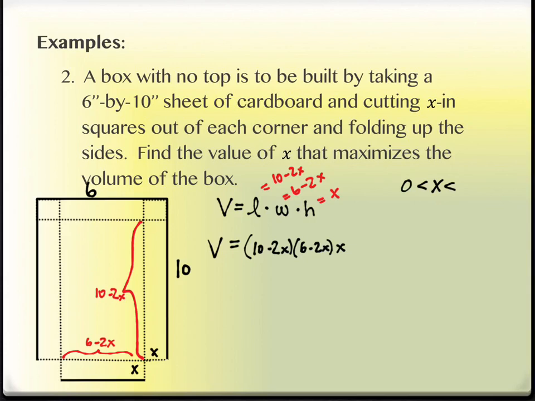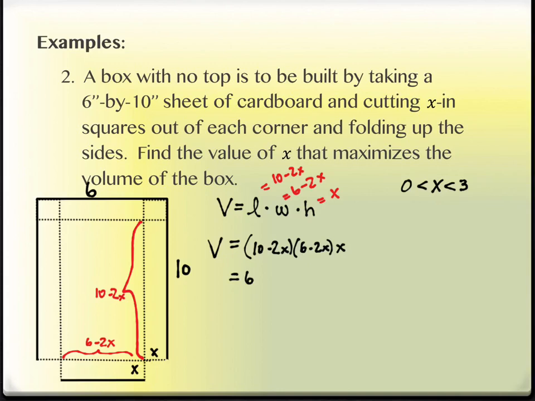Why is the biggest it could be 3? Because anything bigger than that would make the bottom side equal 0 or less. The width of the box is 6. I can't cut away more than 3 inches and still have a box. So that's my upper end. I am trapped between 0 and 3 for the solutions I'm going to get for the corners I'm cutting out.